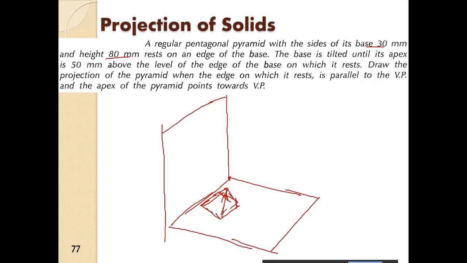So first of all, we consider that it is standing again. So the pentagonal pyramid is standing in front of the VP. That is our first step. So we draw the top view and the front view.